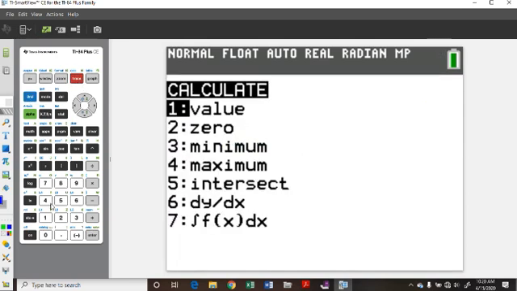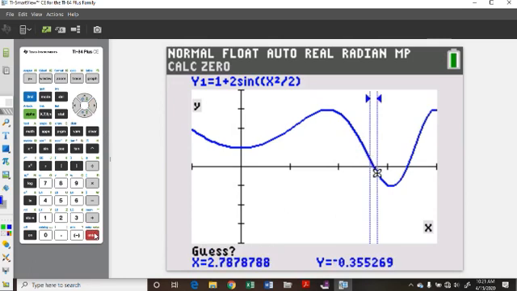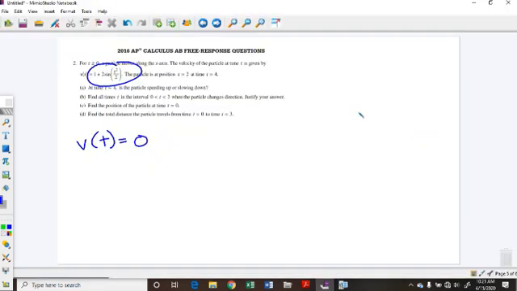Second, trace 0, and we squeeze in our 0. Remember how to do this. It shouldn't take you long. Enter, enter. 2.707. V of t equals 0 when t equals 2.707. You must justify your answer.